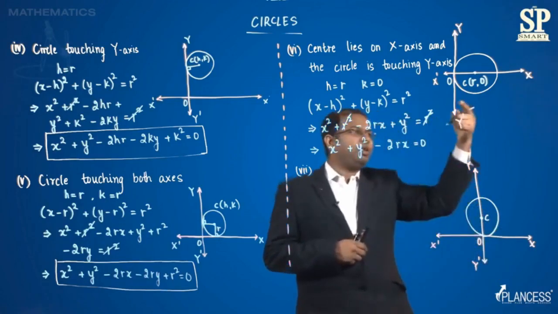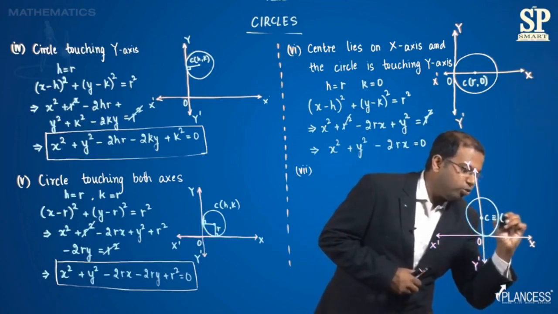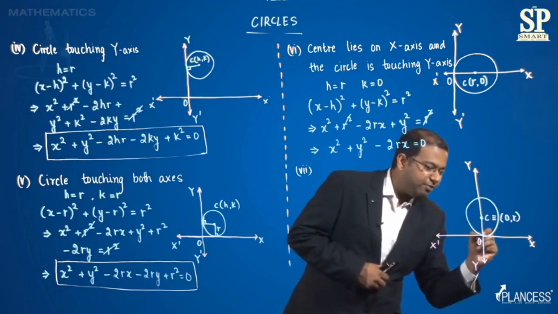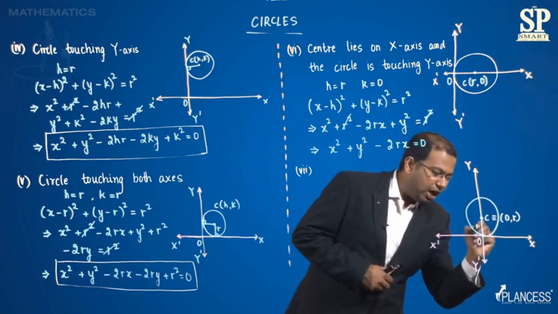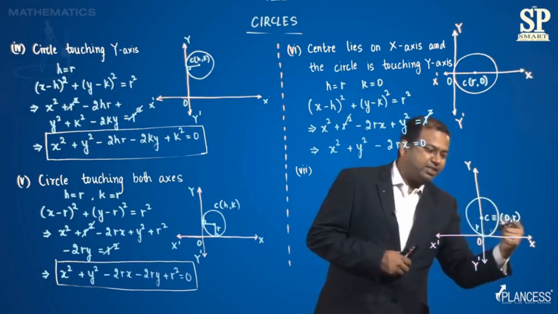Now similar to the previous case, the center will have the coordinates 0, r, because the distance of this C from the origin, C is nothing but the center, will be again r, and the x coordinate of any point lying on y axis is 0.